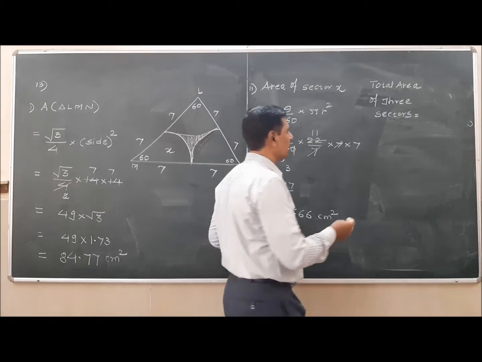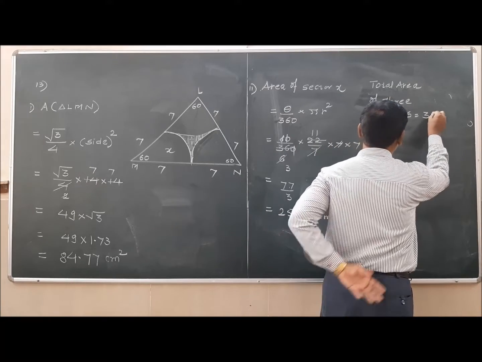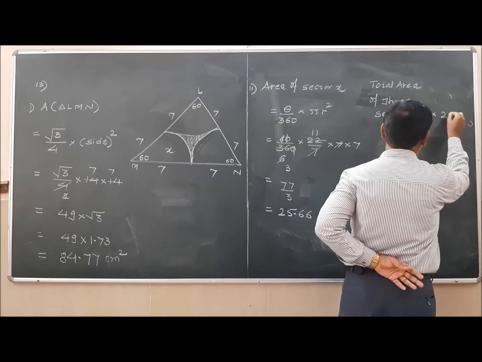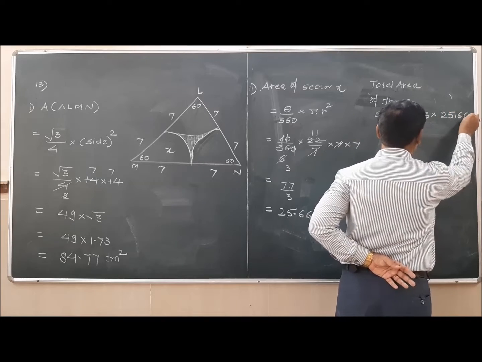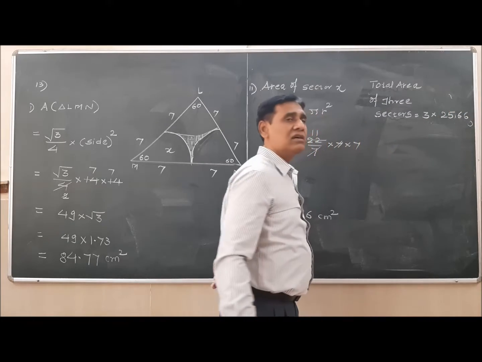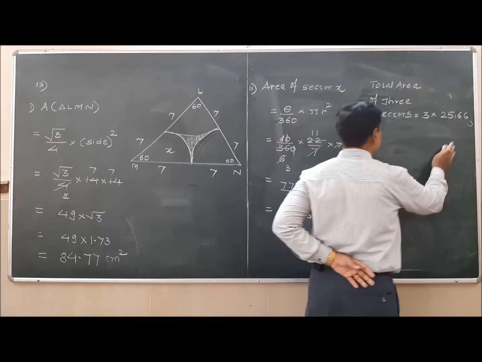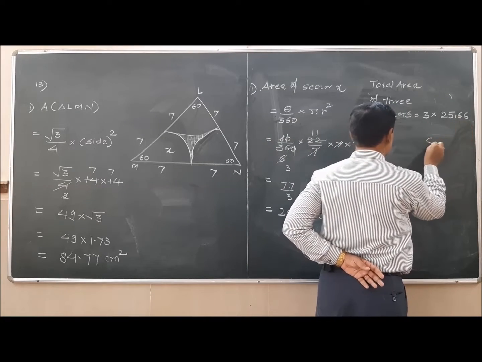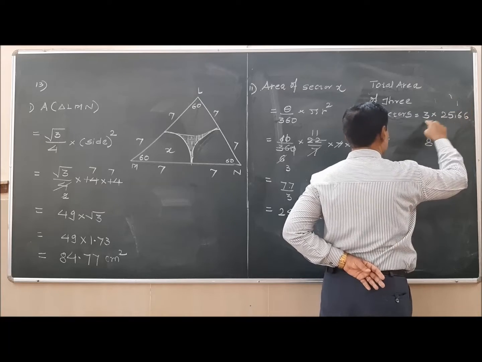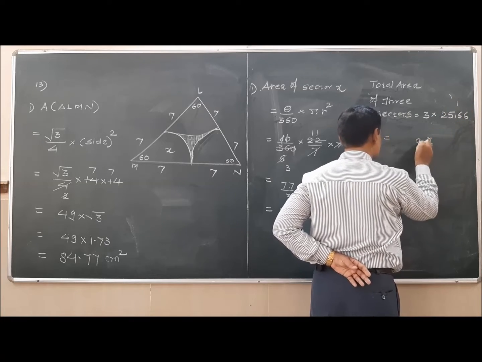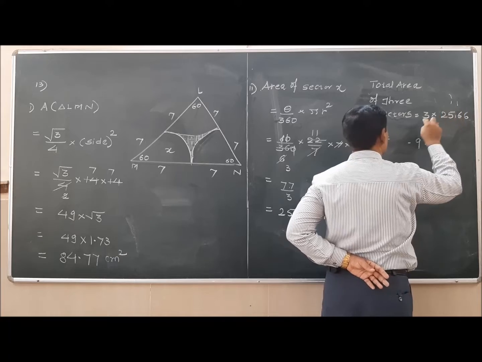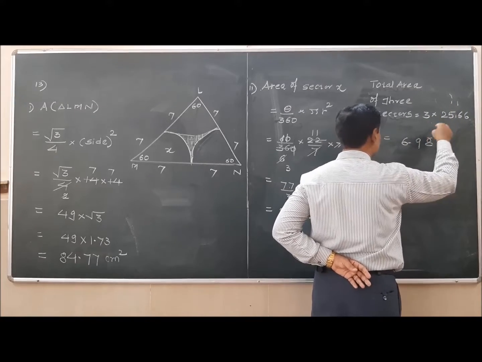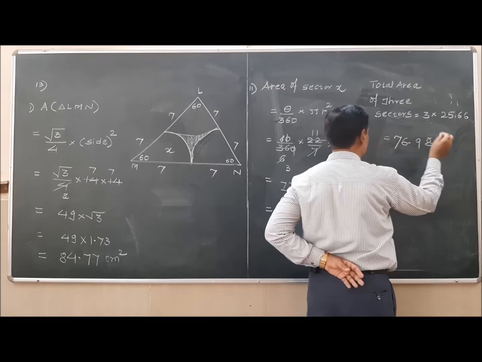So simply I am going to multiply 3 into 25.66. If I multiply 25.66 by 3, I'll get 3 6s are 18 carry 1. 3 6s are 18 plus 1 is 19 carry 1. 3 5s are 15 plus 1 is 16 carry 1. 3 twos are 6 plus 1 is 7.